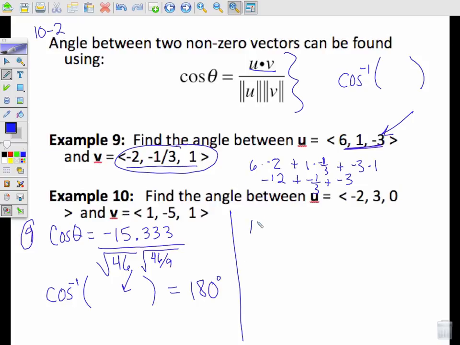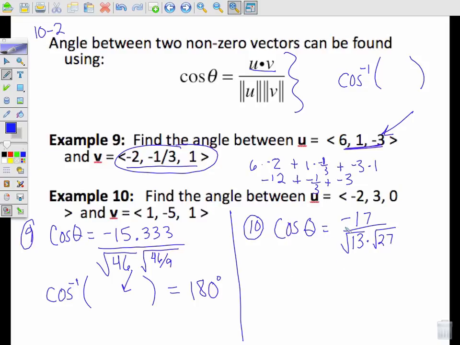So we would have cosine of our angle theta equals, let's do the dot product: negative 2 plus negative 15 plus 0, and that's negative 17, over the square root of the magnitude of u, 4, 9, and 0, which is 13, and the magnitude of v is 1, 25, and 1, that's 27.